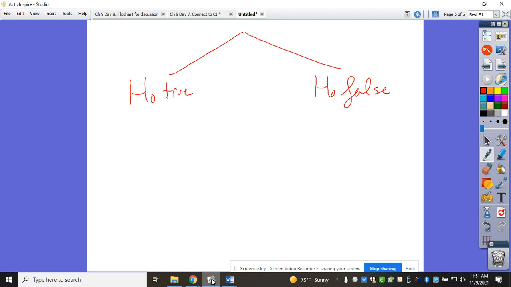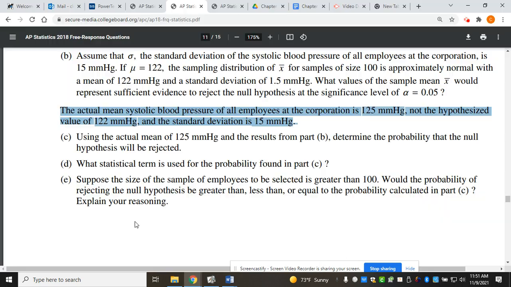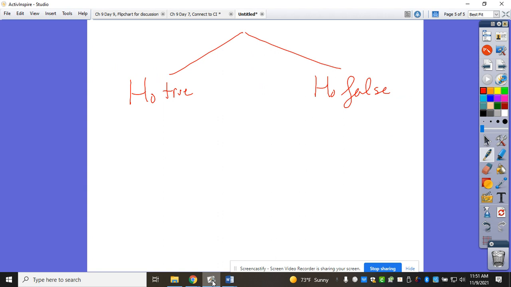That's what that whole section is telling us. And I'm telling you this is a difficult problem. Here, it asks us the probability that the null hypothesis will be rejected. So it's saying here, right?